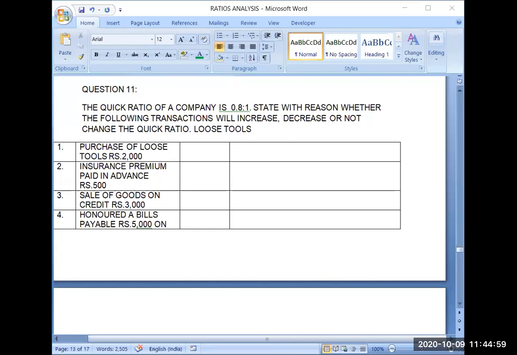Then next point is that you are purchasing loose tools and you will be paying cash. Cash is part of liquid assets. So your liquid assets will be decreasing that way. Now what is happening? The formula is liquid assets upon current liabilities. You should keep the formula in front of you so that you will be able to decide.